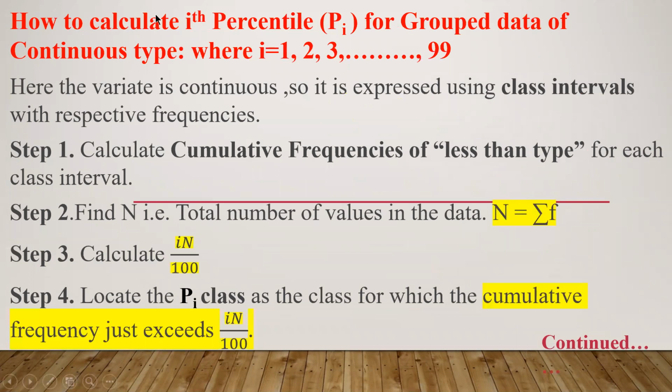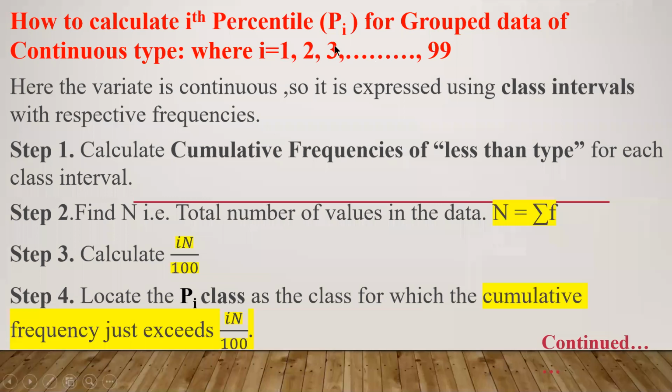Now we will see how to calculate the ith percentile for grouped data of continuous type. I'm not giving it for discrete type. The method is the same for discrete type; there you will get the value directly, like how we have done for median, quartiles and deciles.